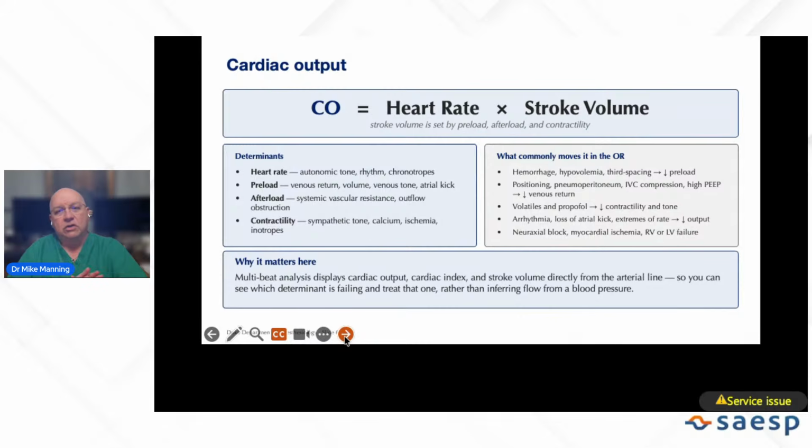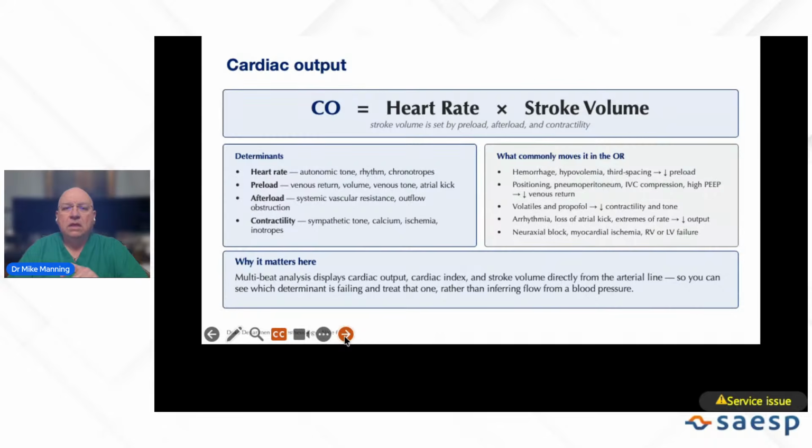Now we can easily measure heart rate with our monitors through EKG monitoring, but stroke volume is kind of hard, right? Stroke volume is affected by preload and the volume status of the patient, the venous tone, bed positioning. Afterload is more the systemic vascular resistance and vascular tone, and contractility, obviously, sympathetic tone, electrolytes, ischemia, the need for inotropes.